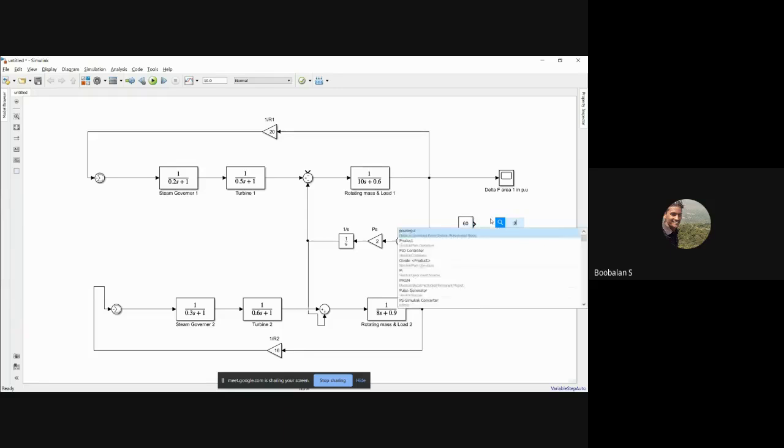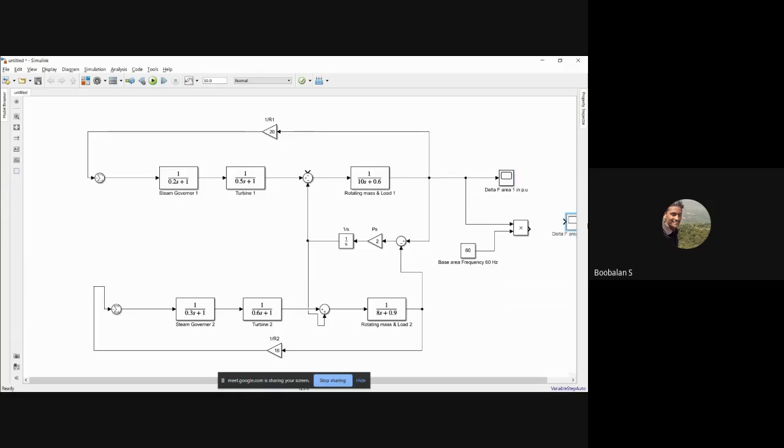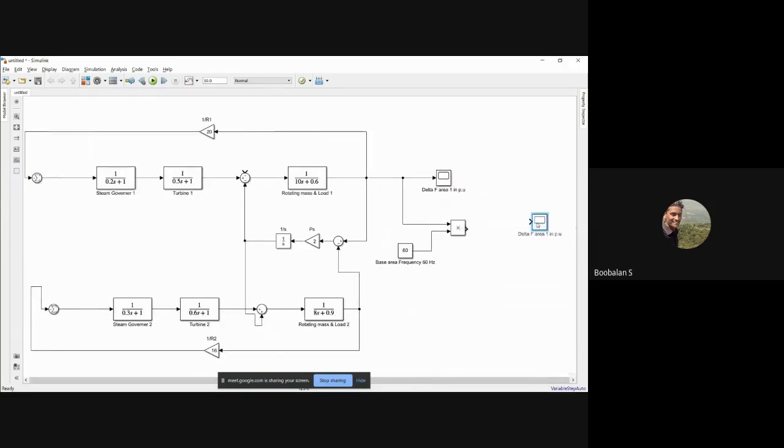I need a product block from math operations. I use multiply with my per unit and need a scope. This will give you the change in frequency for area 1 in hertz.